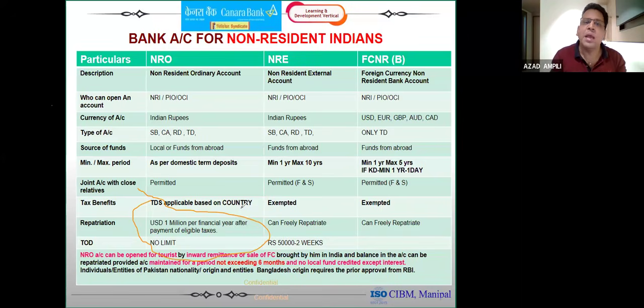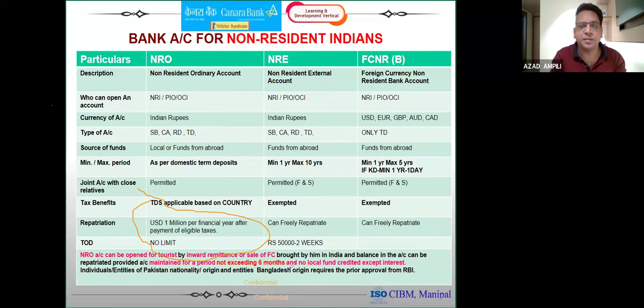NRO and NRE will be in Indian rupees, whereas FCNRB will be in 5 foreign currencies. Minimum 1 year and maximum 5 years. Here also tax is fully exempted. These are the 3 accounts a non-resident Indian can open.